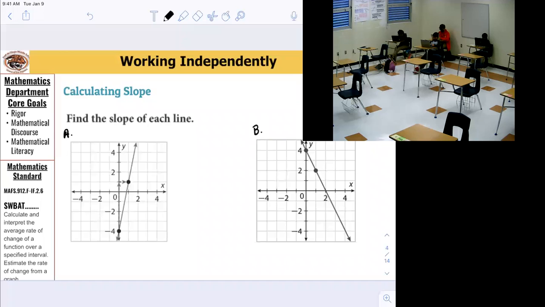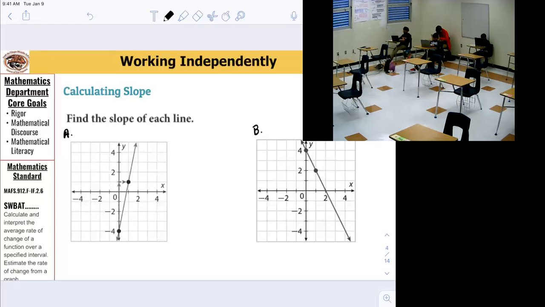Okay, about 1 more minute left. All right, about 10 seconds.